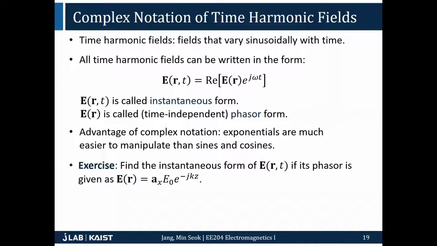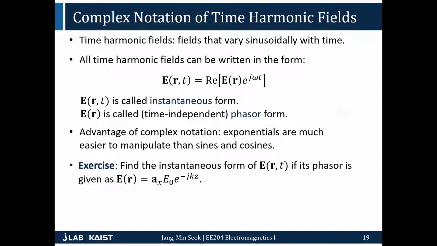Let's say you think about sine omega 1 t plus sine omega 2 t. The summation and multiplication of real sine functions are difficult. But if you write things in complex form, then multiplication is just addition or subtraction in the exponent, which is very convenient. So the reason we do this is that exponentials are much easier to manipulate than sines and cosines.